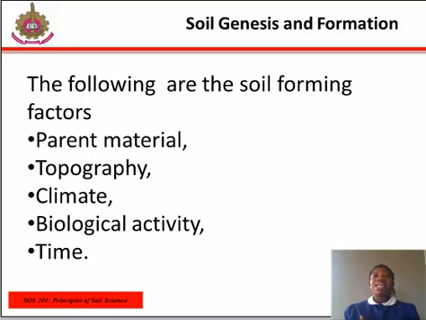Parent material is the initial mineral substance that forms a soil, and it is derived from the weathering of rocks and may reside at its site of origin or be transported from somewhere else to its current location. A soil formed from parent material at the site of its origin is called a residual or sedentary soil.